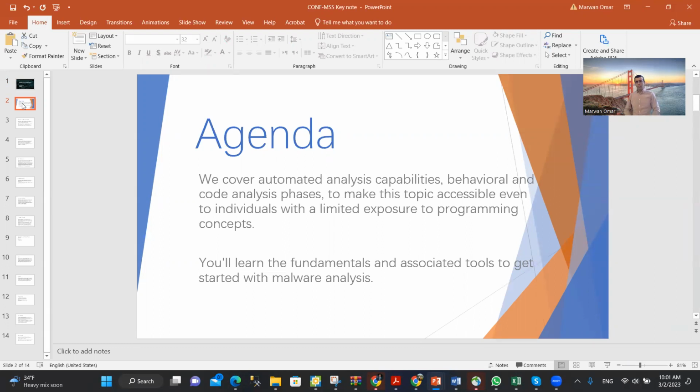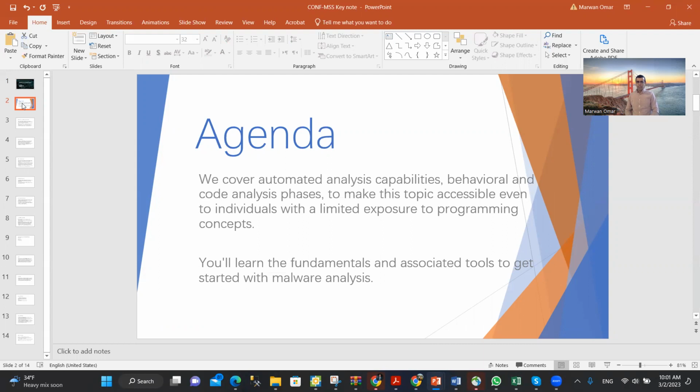How does the malware behave when we let the malware unleash in our controlled virtual environment? And then the last technique is the code level analysis. That's where we dive in and take the malware inside out, so to speak, to understand how the malware was authored and what kind of capabilities are embedded in that malware.